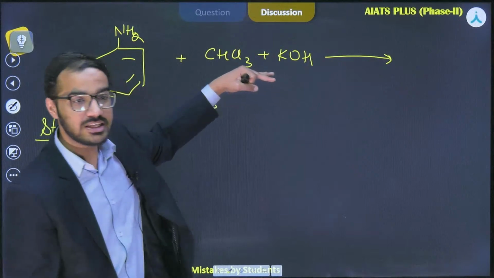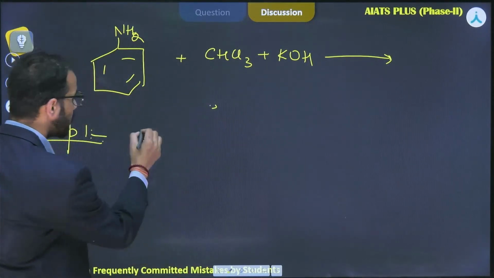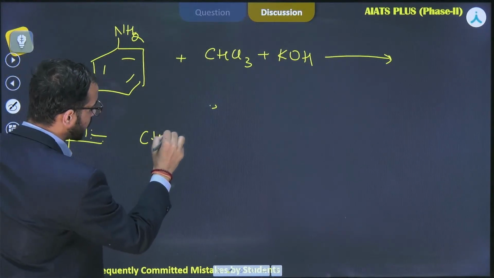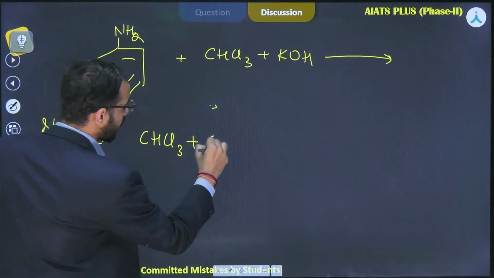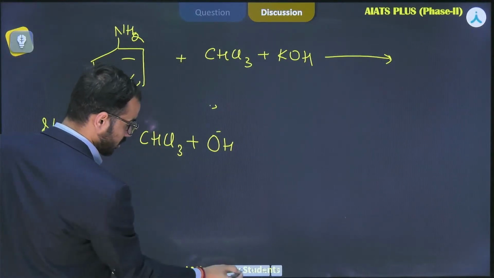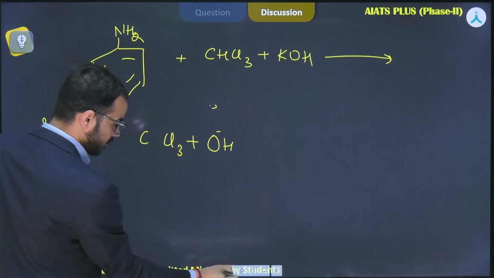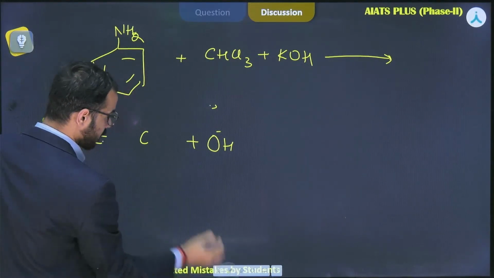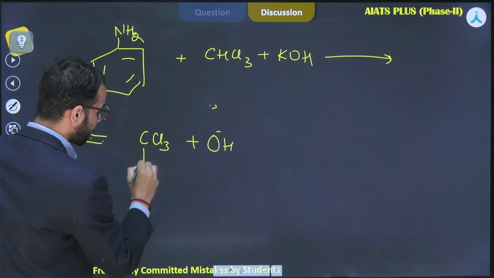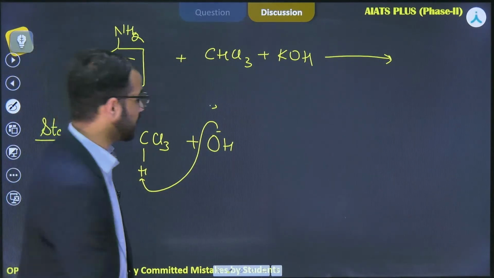These are the reagents that will react at the very first instant, and now you will be having CHCl3 plus OH negative, and if you write it with H, the OH negative will abstract it.